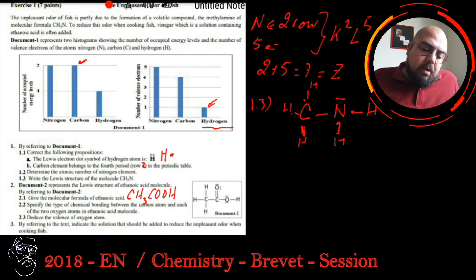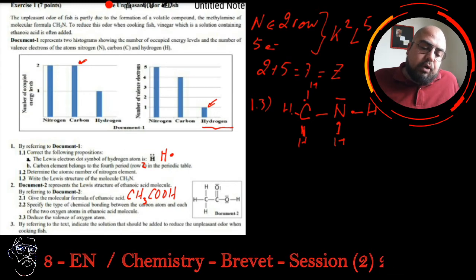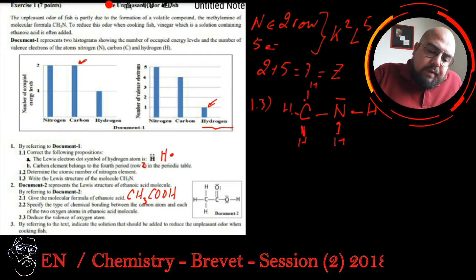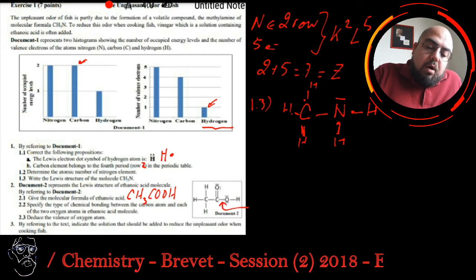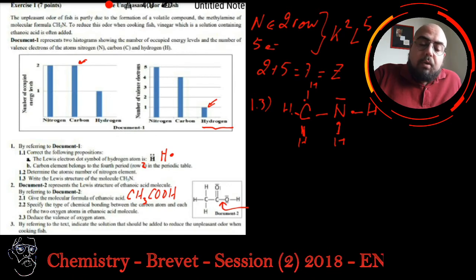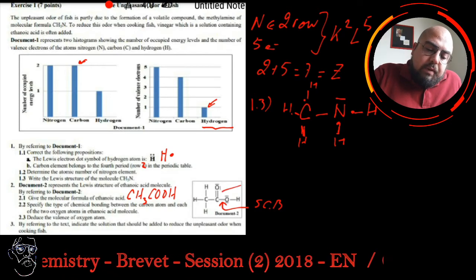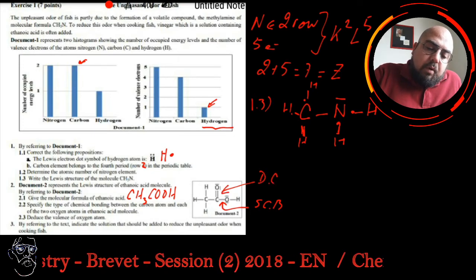Specify the type of chemical bond between the carbon atom and each of the 2 oxygen atoms in the ethanoic acid molecule. So we have first this bond, which is a single covalent bond. And as for this bond, it is a double covalent bond.